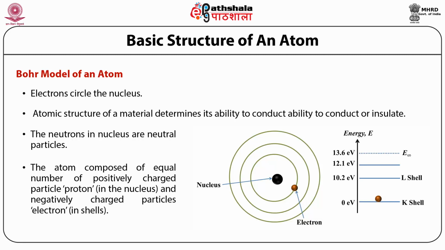Now let us consider the simplest example of the hydrogen atom, whose atomic structure and energy models are given in the figure below. The hydrogen atom consists of one electron in a shell and one proton in the nucleus.